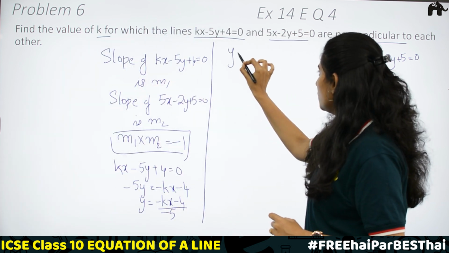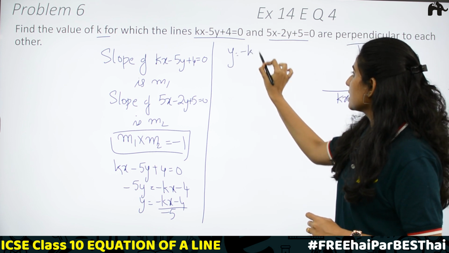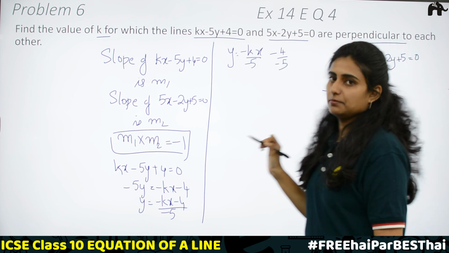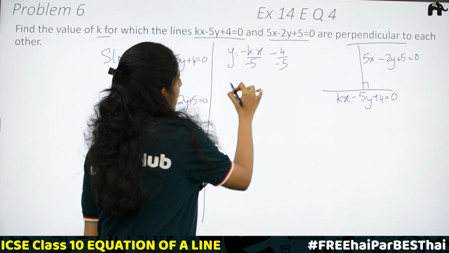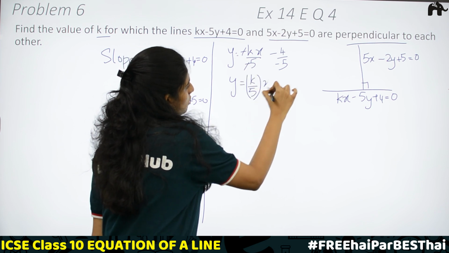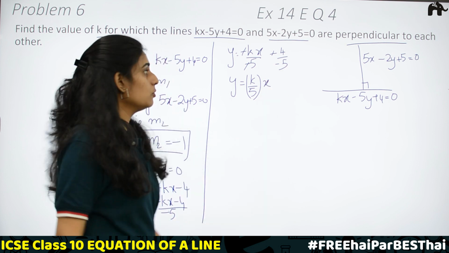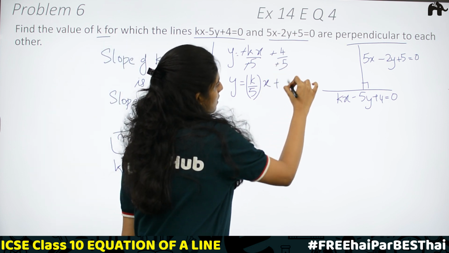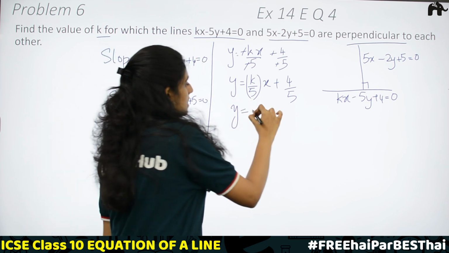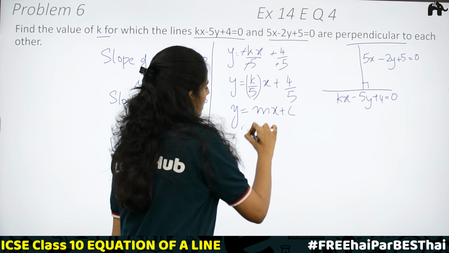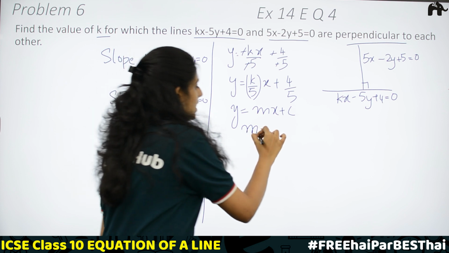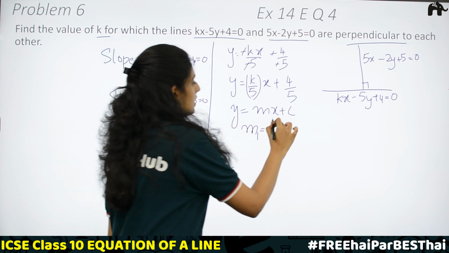That is, y is equal to, negatives can be removed, k by 5 into x plus 4 by 5. So comparing this with the slope-intercept form, y is equal to mx plus c, the slope m will be equal to k by 5. Here we have taken m1 as the slope of the first line. m1 is equal to k by 5.